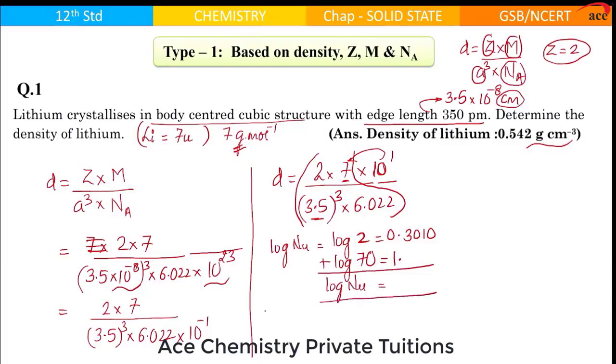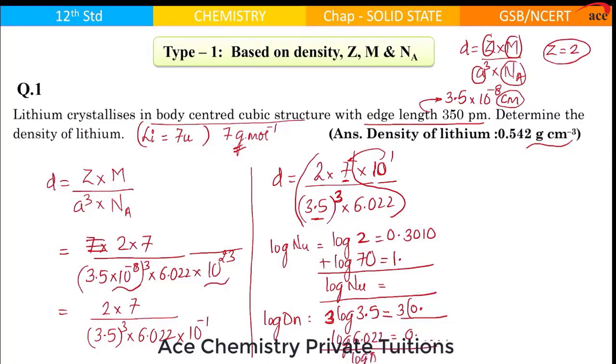What next? Similarly, calculate the log of the denominator. That will be 3 times log of 3.5. You all are aware that a cube is actually a multiplication, and you will get a number by seeing the logbook. Characteristic of 3.5 is 0. The remaining part you will see from the logbook, and for log of 6.022 the characteristic is 0, and you will get the remaining number from the logbook.